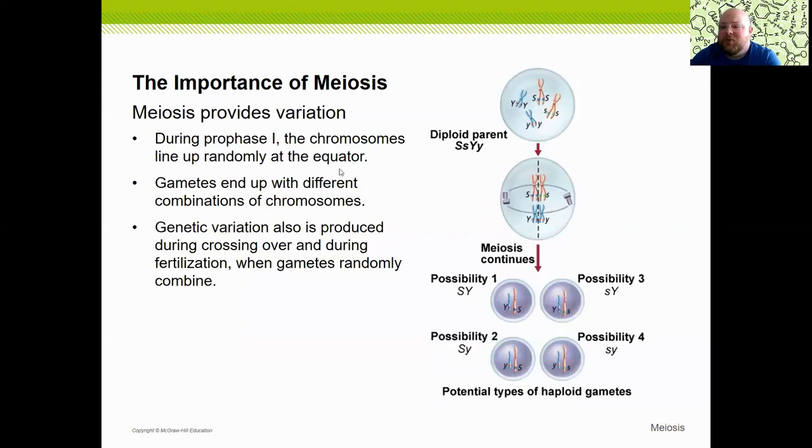During metaphase 1, the chromosomes line up randomly at the equator. Gametes end up with different combinations of chromosomes. Genetic variation is produced during crossing over, and during fertilization, when gametes randomly combine. So all of these different things are happening, creating huge genetic variation.